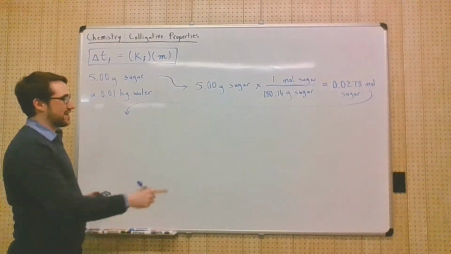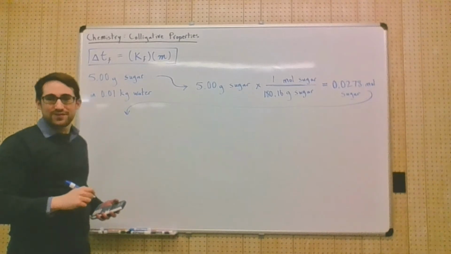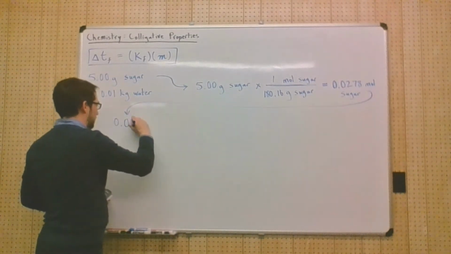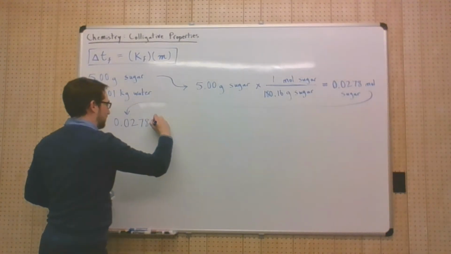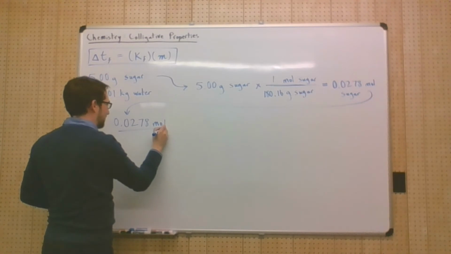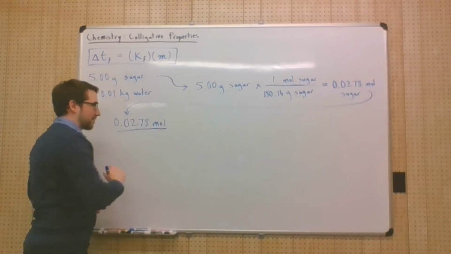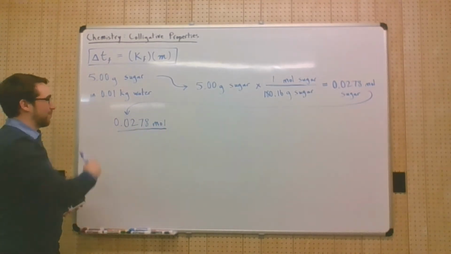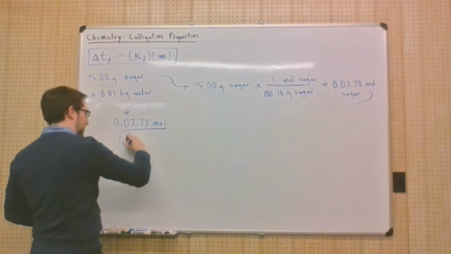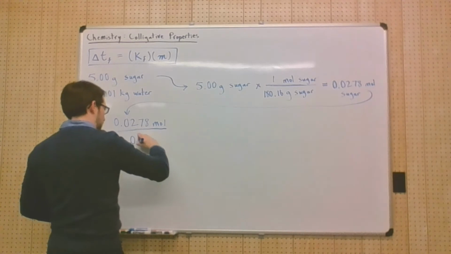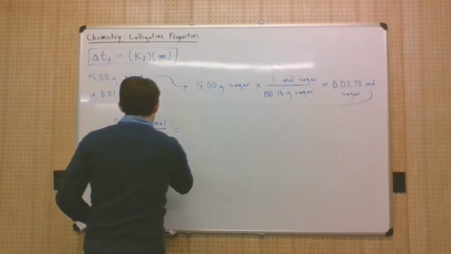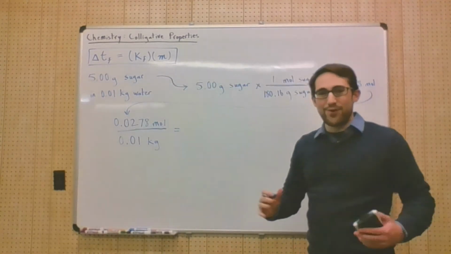So I'm going to take this 0.0278 moles and divide it by my 0.01 kilograms of water to get my molality.